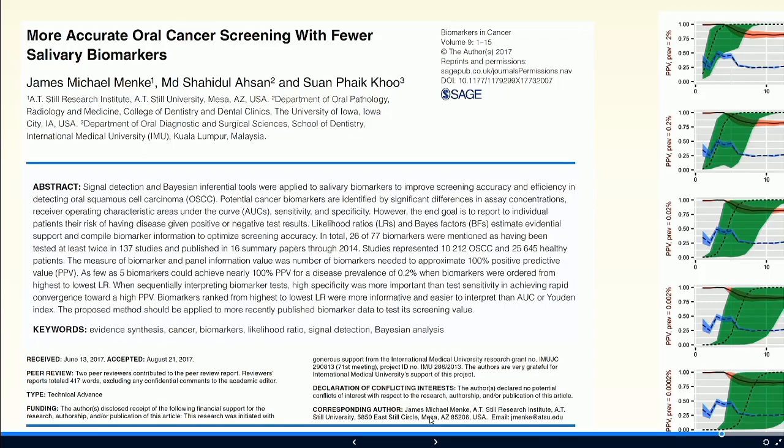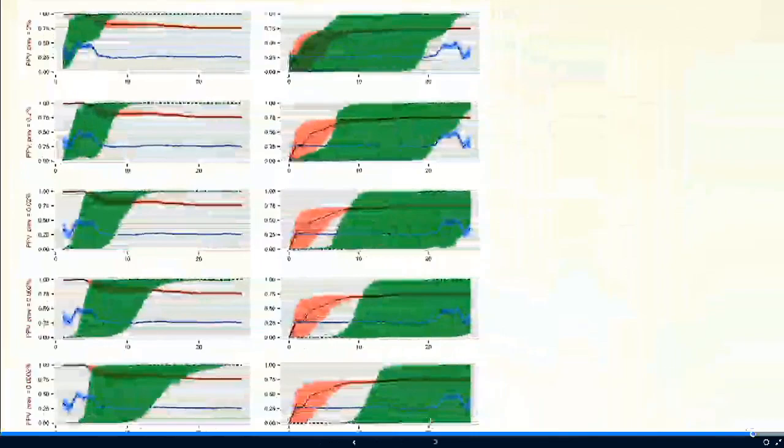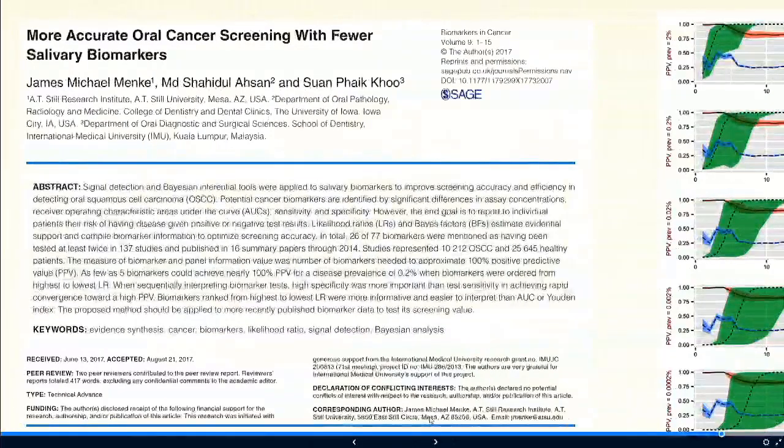I didn't put it up here, but the biomarkers were often tested individually, and sometimes they were tested as a panel. So in order to see the contribution of the individual biomarker to a panel, I would compare the panel with the biomarker to a panel without it, and to the individual biomarker.